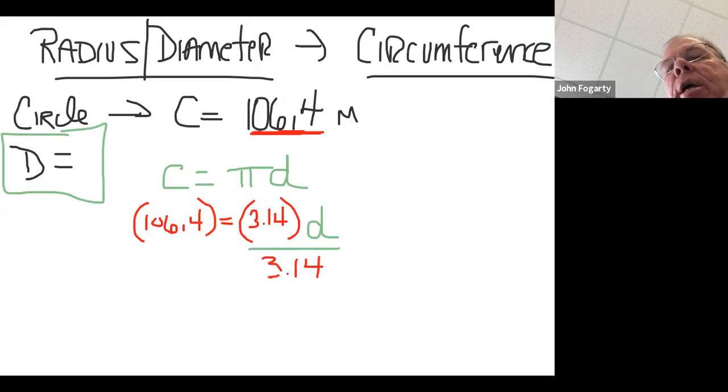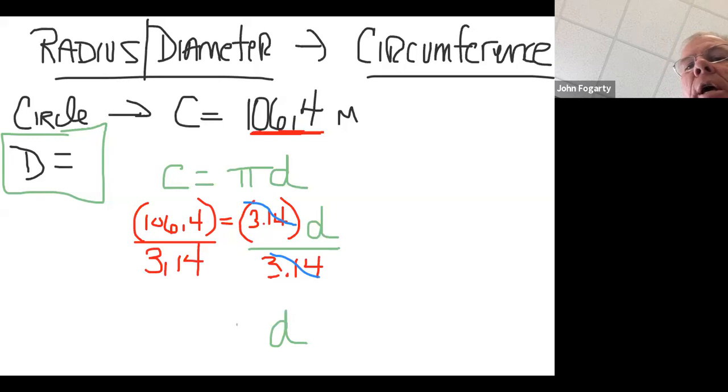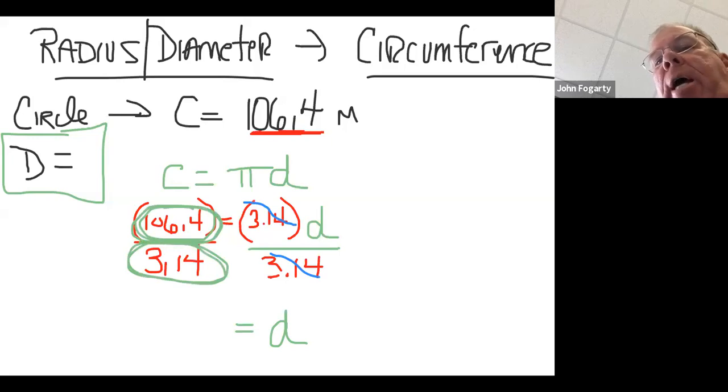Now, in algebra, whatever you do to one side, you have to do to the other, right? So over here, they cancel out, and you are left with d. And now if you take out your calculator and do 106.4 divided by 3.14, what are you going to get?